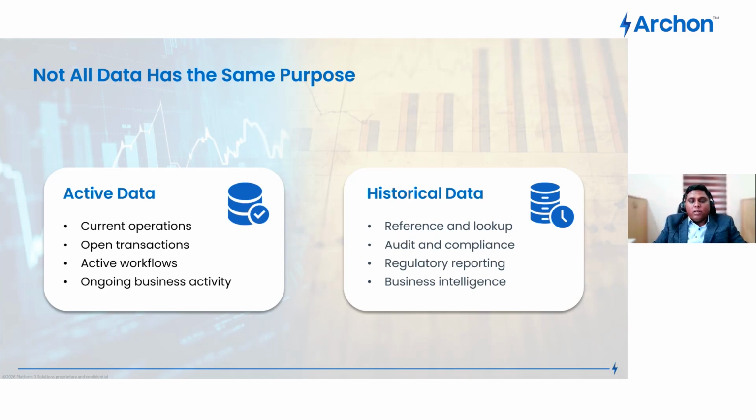And again, there is certain data which needs certain compliance requirements, which mandates us to make the historical data available. Beyond that, we'll also have certain regulatory and reporting data, which we will obviously need, and certain parts of the data for our business intelligence, right?